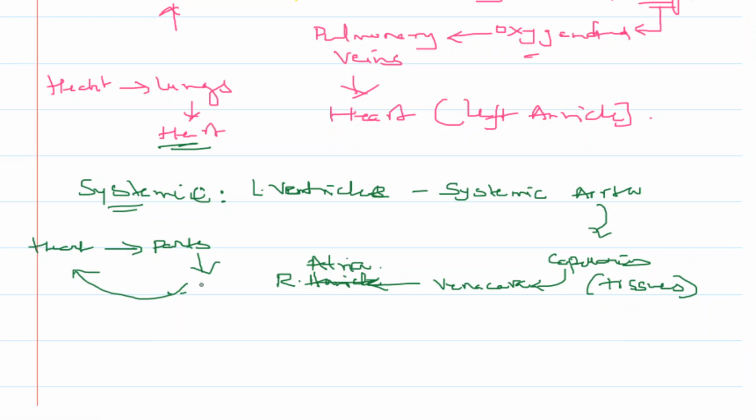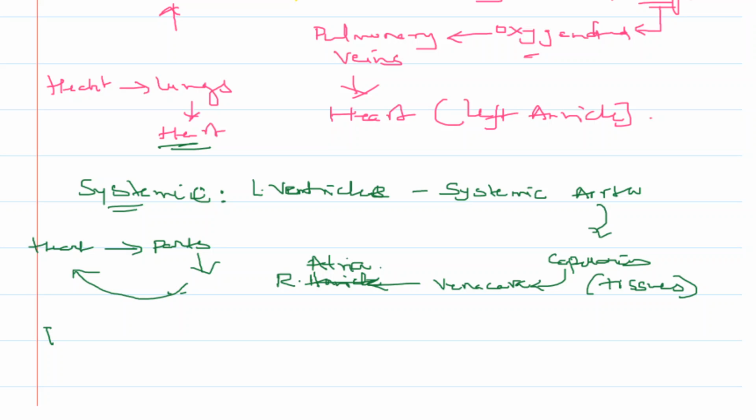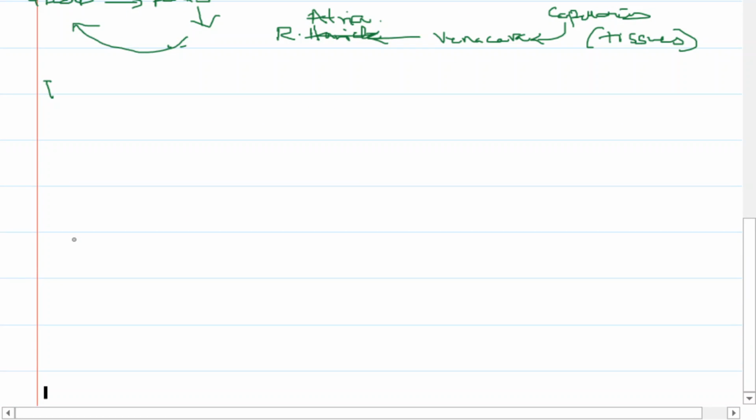Now there's also something that we need to mention when it comes to circulation, which is the portal circulation. This also we have dealt with in the previous class. Let me take a different color and go up a little bit. So the portal circulation is, where is it?